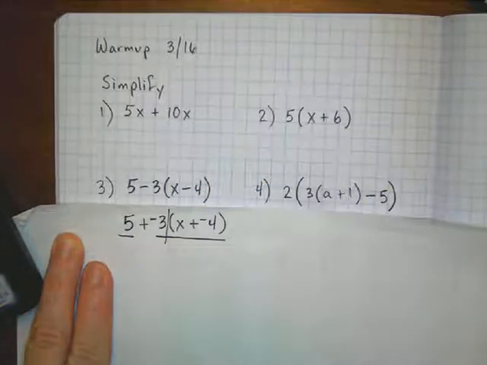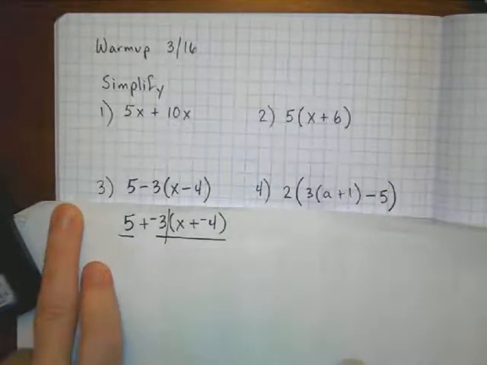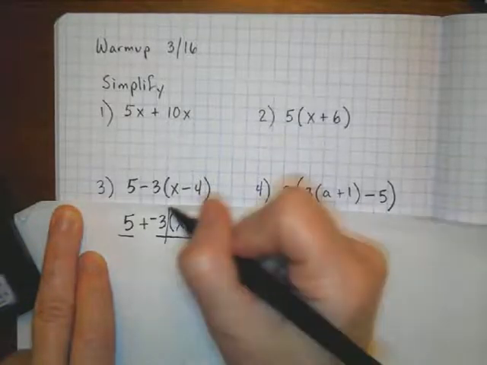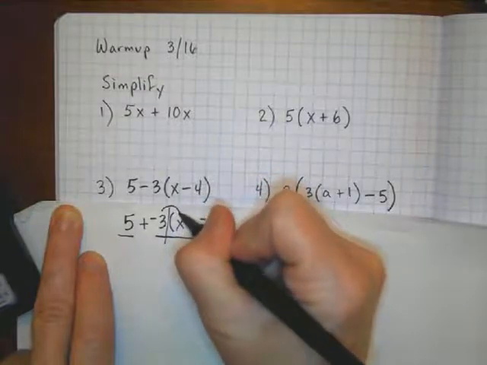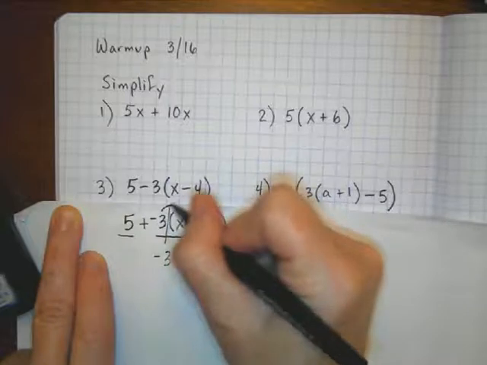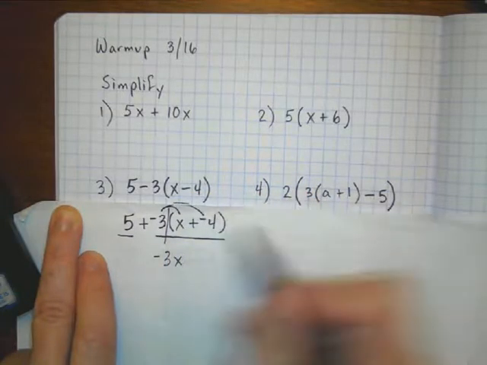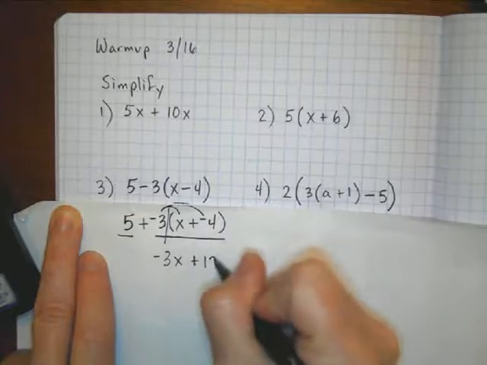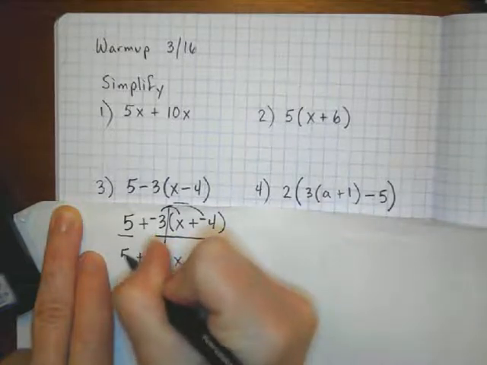So now I can see this 5 is done. I don't need to do anything else to that 5. But this can be simplified. Negative 3 times x is negative 3x. Negative 3 times negative 4, a negative times a negative is a positive. And I'll bring down my 5.